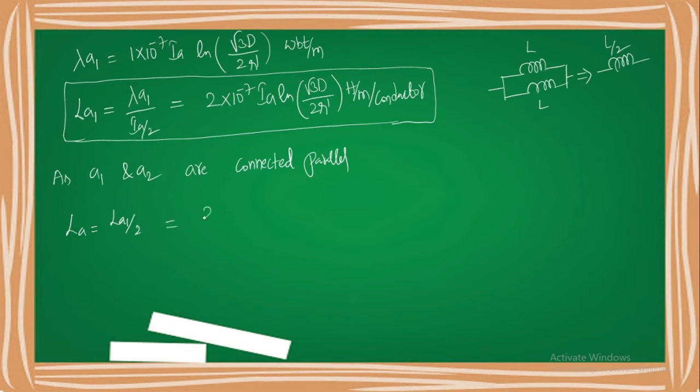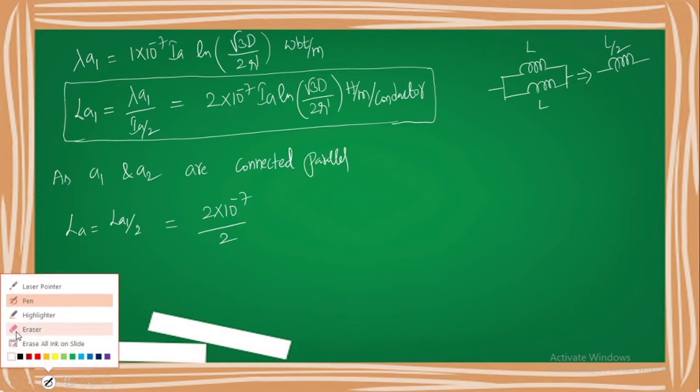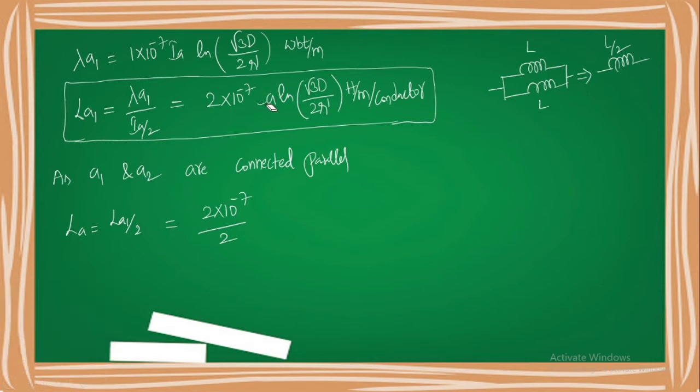So what you will get here is 2 into 10 power minus 7 by 2, right? You will not get IA here, so I made a small mistake again. In the inductance expression you will not get IA, because IA and IA will get cancelled.